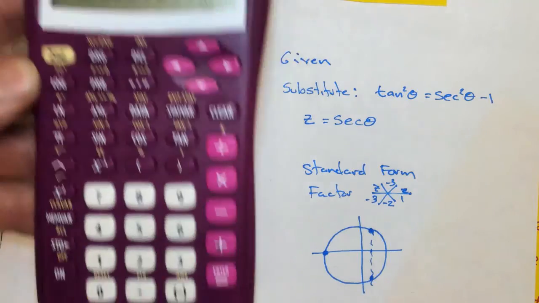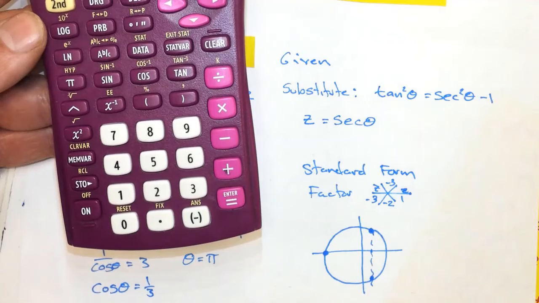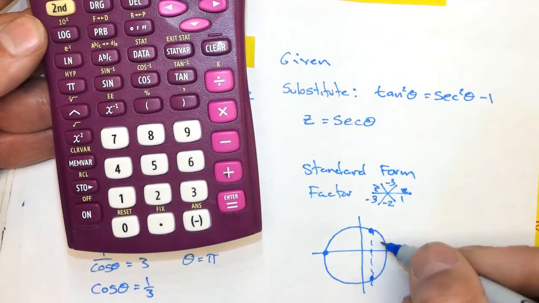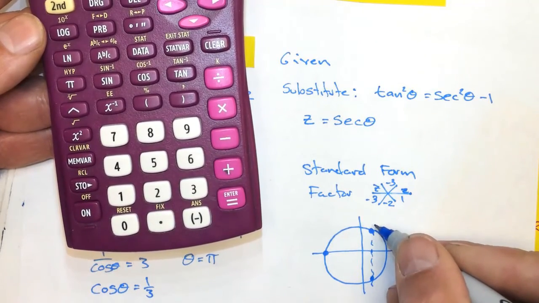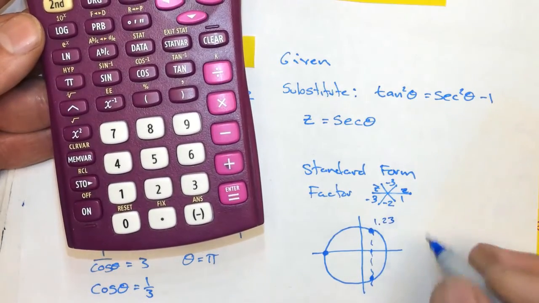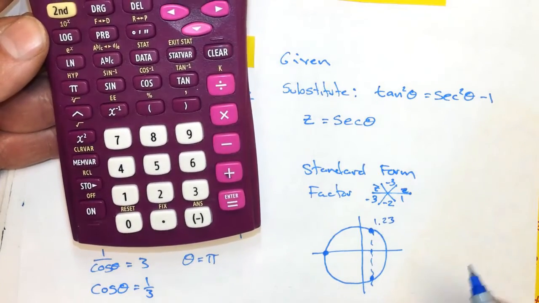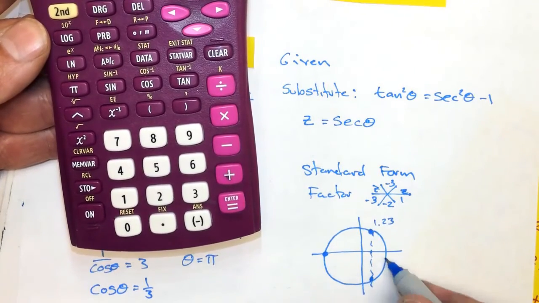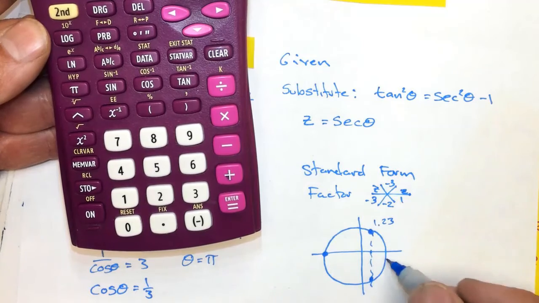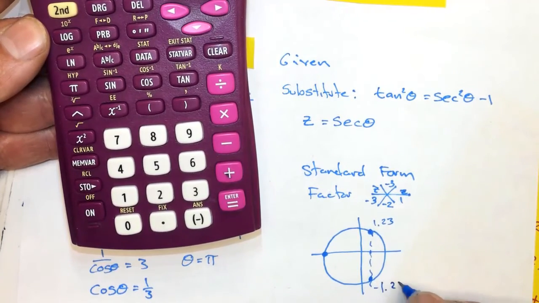I get 1.23, so theta is approximately 1.23. That should be this one, 1.23 radians. And the other one is going to be negative 1.23 radians.